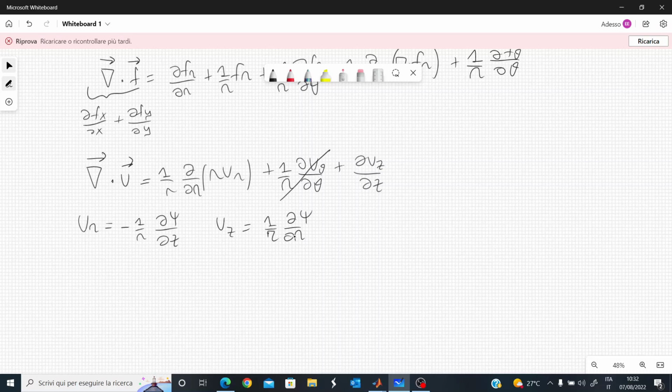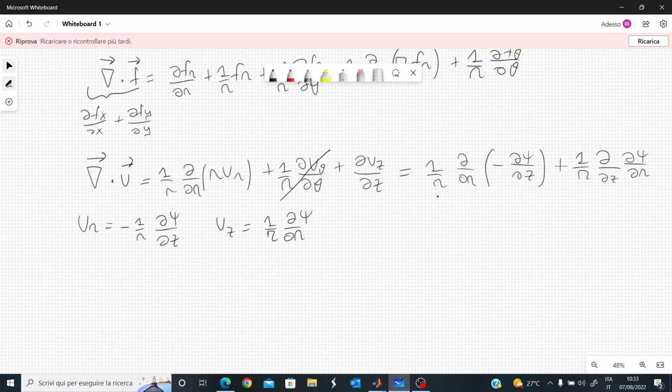And if you substitute these expressions here, you see that we have 1 over r d over dr, and then r ur can be obtained from here, so that's simply minus d psi dz, and then here you have plus, r does not depend on z, so we can put it out of the derivative, so we have 1 over r, and here you have the derivative with respect to z of the derivative of psi with respect to r.